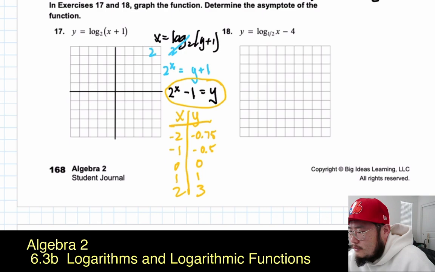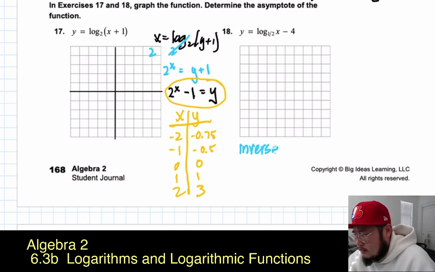Remember, the rule right here is this: for the inverse, use the table and switch x and y.